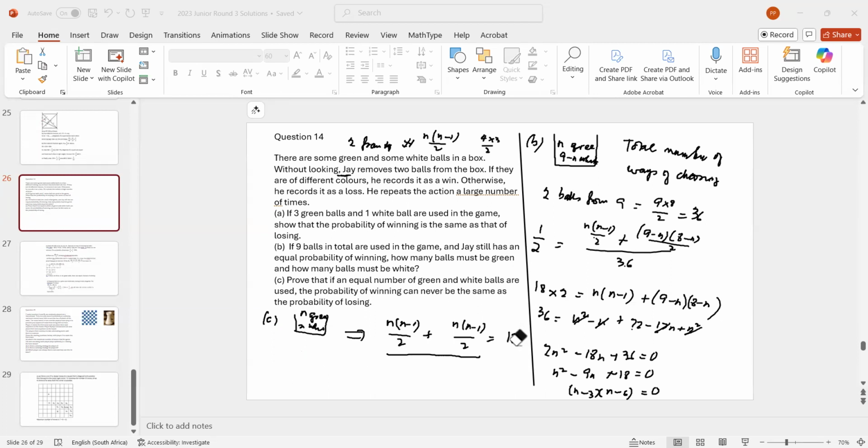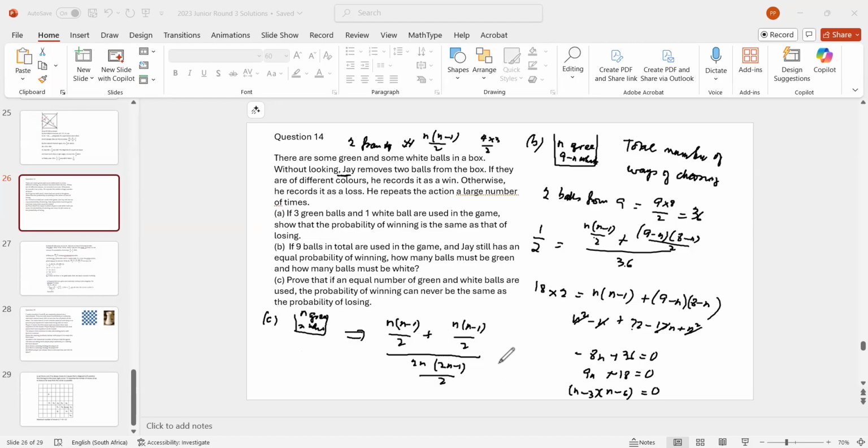So you want to choose 2 balls from 2n balls. And how many ways can you do that? So at the bottom, you got 2n times 2n minus 1 over 2. Right? And so this will be the probability.